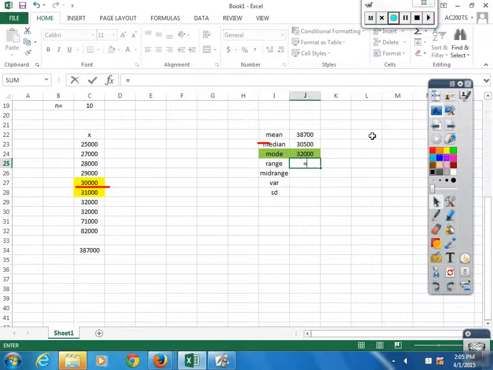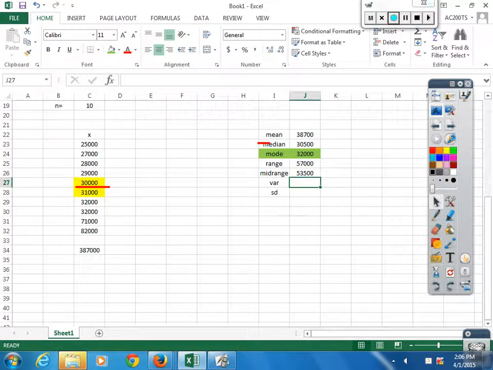Range is equal to this guy minus this guy. Mid-range is equal to parentheses, this guy plus this guy, divided by 2. And variance, I'm going to go ahead and call it there.